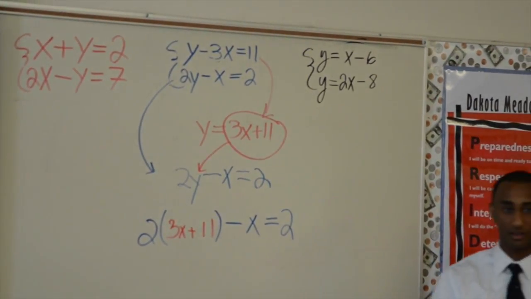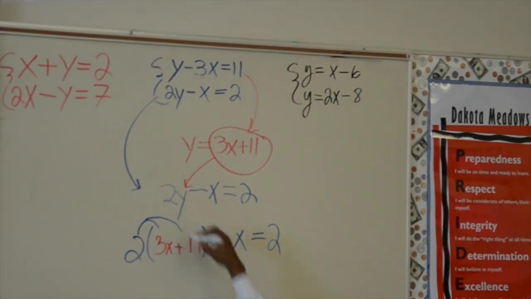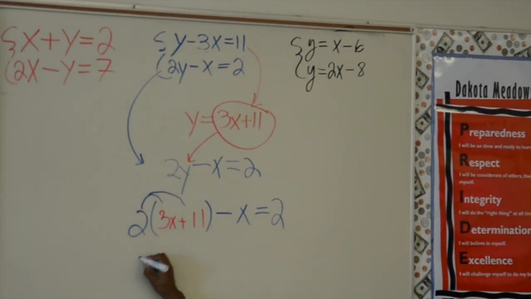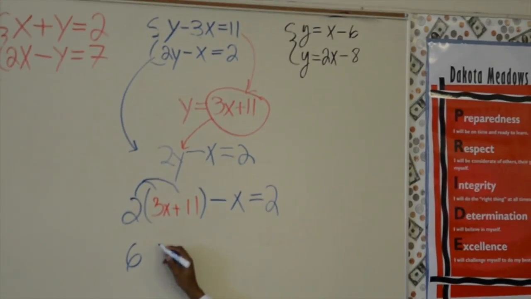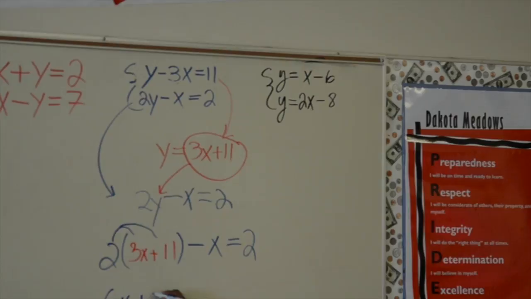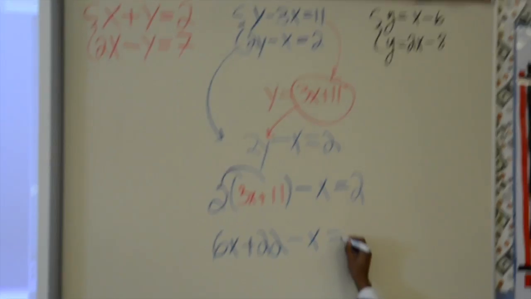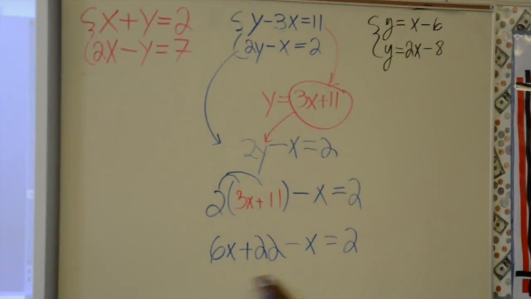Then after that, she distributed. So when she distributed, what is 2 times 3? 6x plus 2 times 11 is 22, minus x is equal to 2. Then you solve for x.